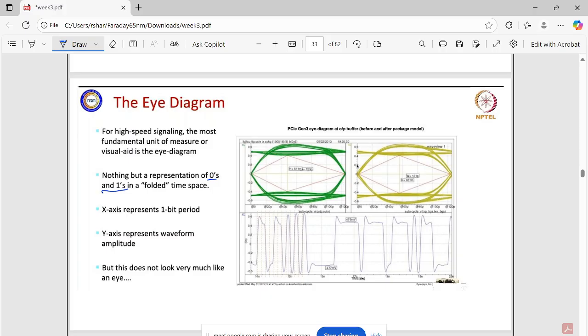Every 0 and 1 has a bit period, and the period of this bit is nothing but the reciprocal of the frequency. So if we are transmitting data at 25 gigahertz, the bit period is a certain amount of nanoseconds. If you plot all these bits in that window and overlap all the other bits, we will see something which looks similar to an eye, where the x-axis represents the period of the bit and the y-axis represents the amplitude of the bit.